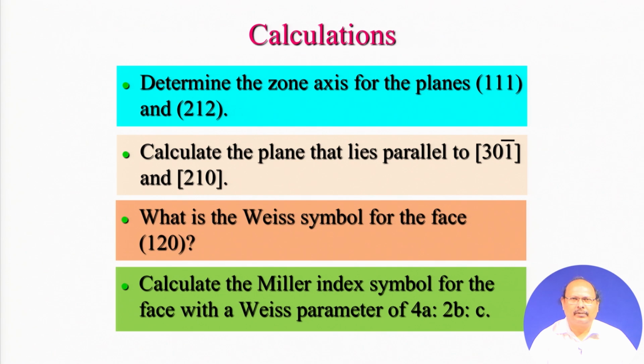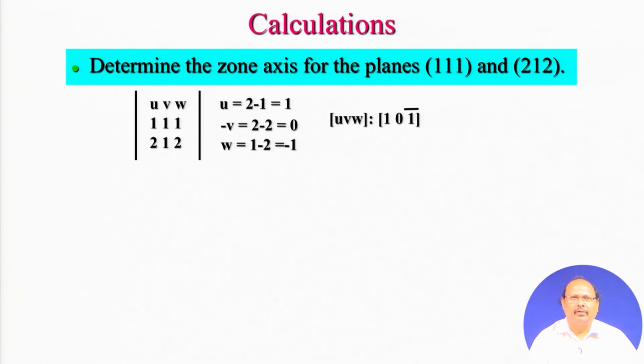I give you the procedure in the next slide. So, let us start with the first one. Let us calculate the zone axis if two planes are given and they lie in a particular zone. What is the zone axis symbol? You will write this particular determinant and calculate the value of u.